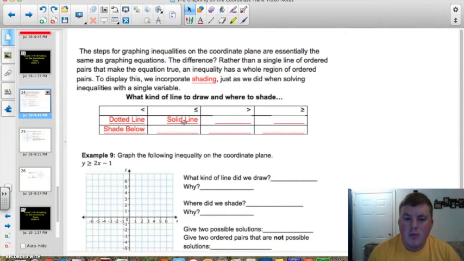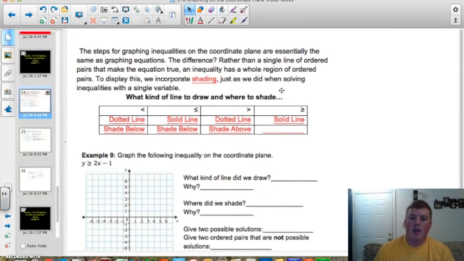A less than or equal to is also going to be shaded below. A greater than, since it doesn't have the line, is going to be a dotted line, but we're going to shade this one above. A greater than or equal to has that line underneath it, so it's going to be a solid line, and we're going to still shade above.